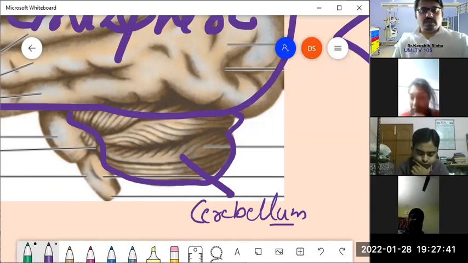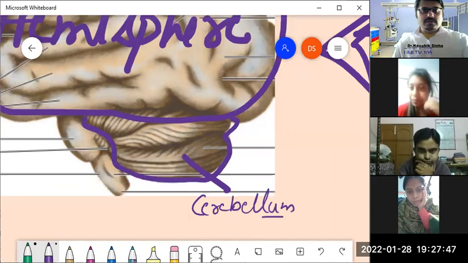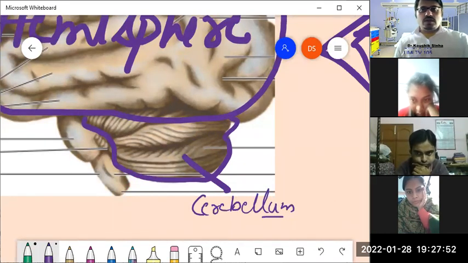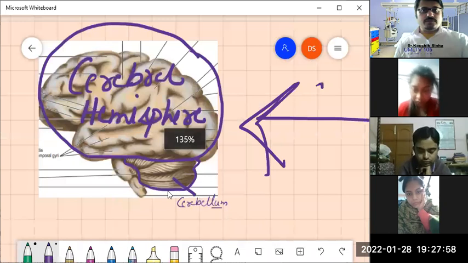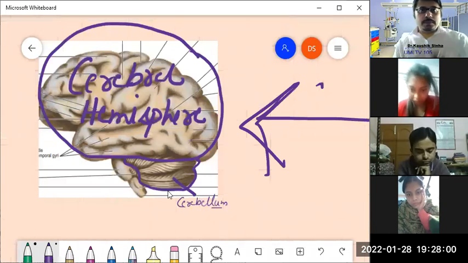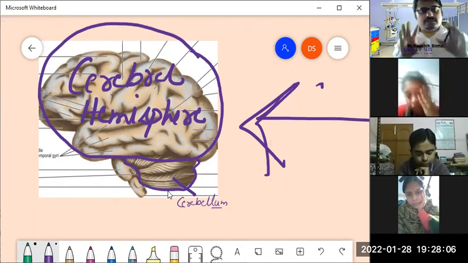One is the Guru Mostishko, and another is the Loghu Mostishko. So this cerebellum represents the area of the Loghu Mostishko, and the cerebrum is representing the area of the Guru Mostishko. Right? The bigger one is the cerebrum, and the smaller one is the cerebellum. Is this concept clear?